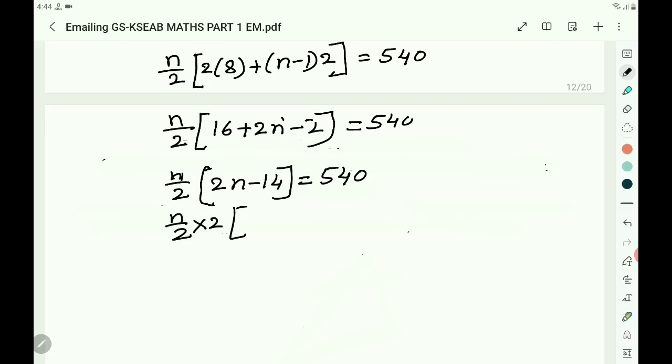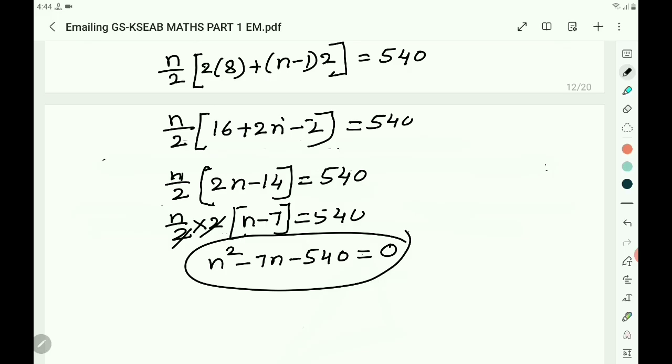In the bracket, what you are going to get? n minus 2 sevens are 14. n plus 7 equals 540. Cancel 2 and 2. n into n, n square, plus n into 7, 7n. And transfer this 540 to the LHS. It becomes minus 540 equals 0. You got the quadratic equation n square plus 7n minus 540 equals 0.